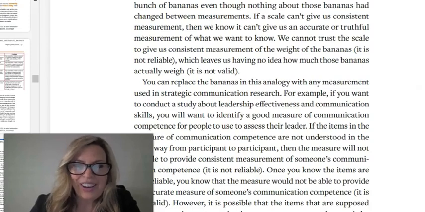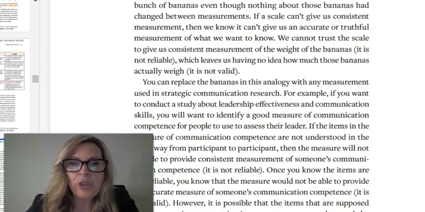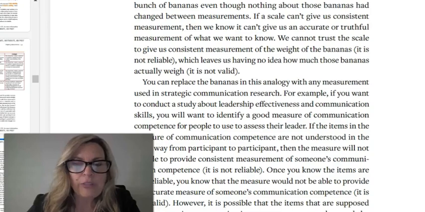So you can see here in the continued example of the bananas, you can replace the bananas in this analogy with any measurement used in strategic communication research, right? So if you want to conduct a study about leadership effectiveness and communication skills, then you want a good measure of communication competence for people to use to assess their leader.